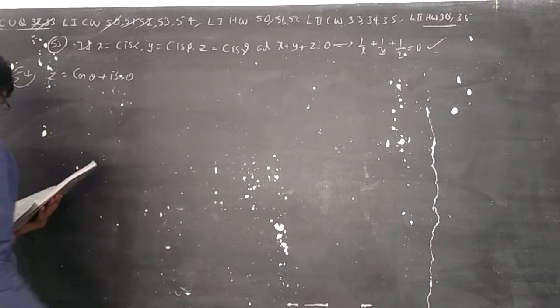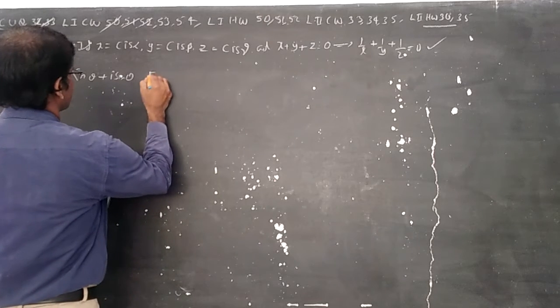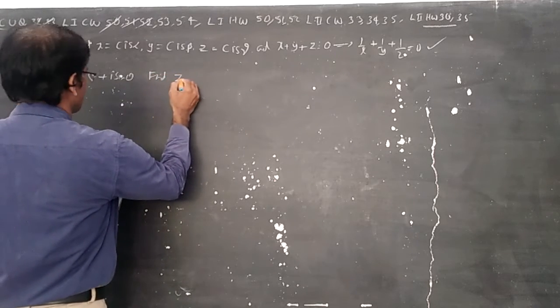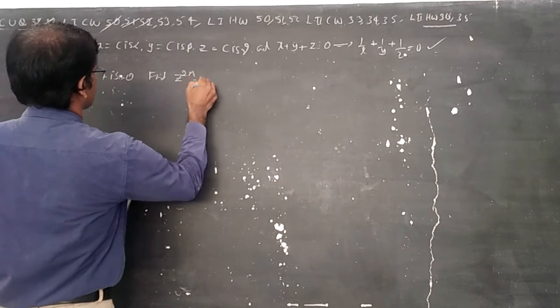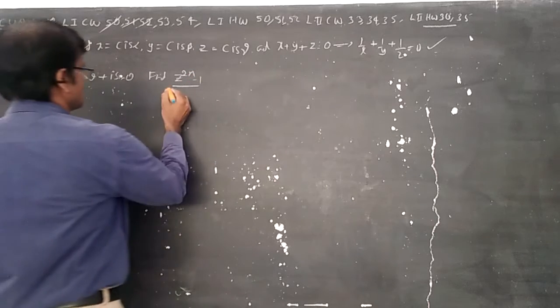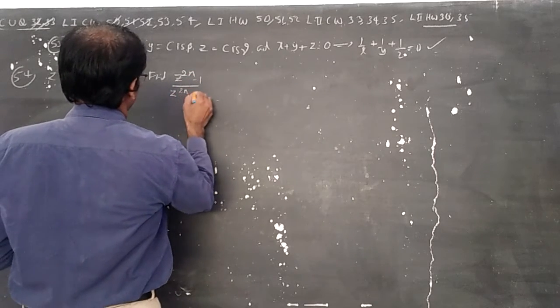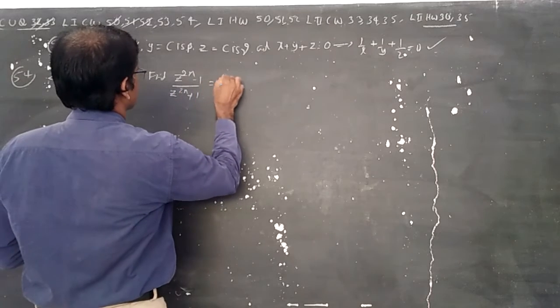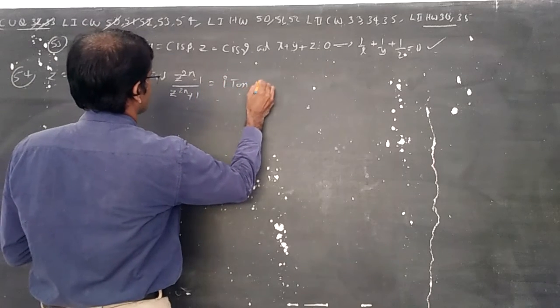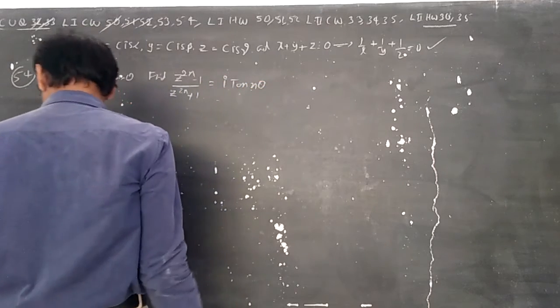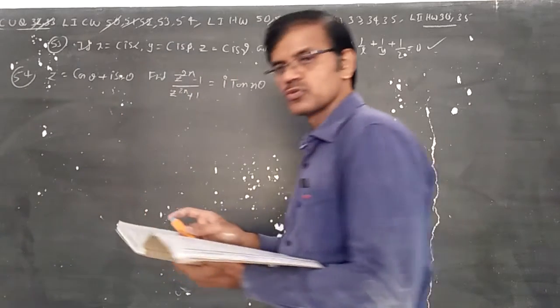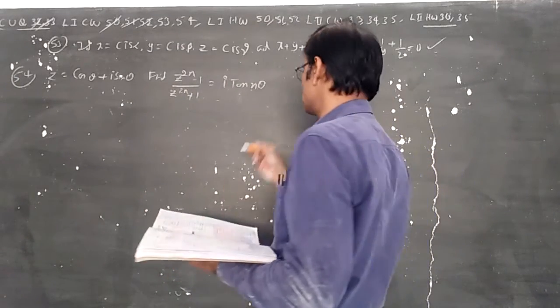Z is equal to cos theta plus i sin theta. Find the value of z power 2n minus 1 by z power 2n plus 1. This value is i tan n theta. This is IB sum, Roman number 2, third question, page number 40. See IB.